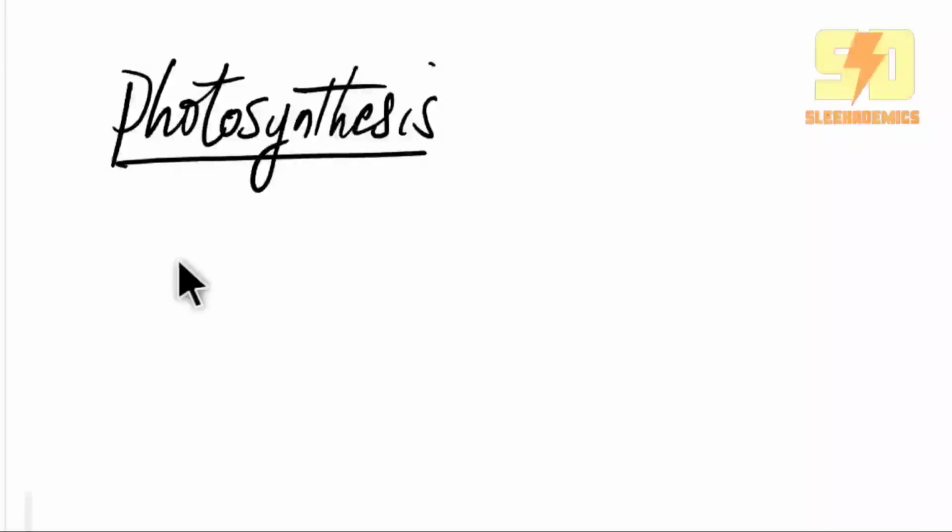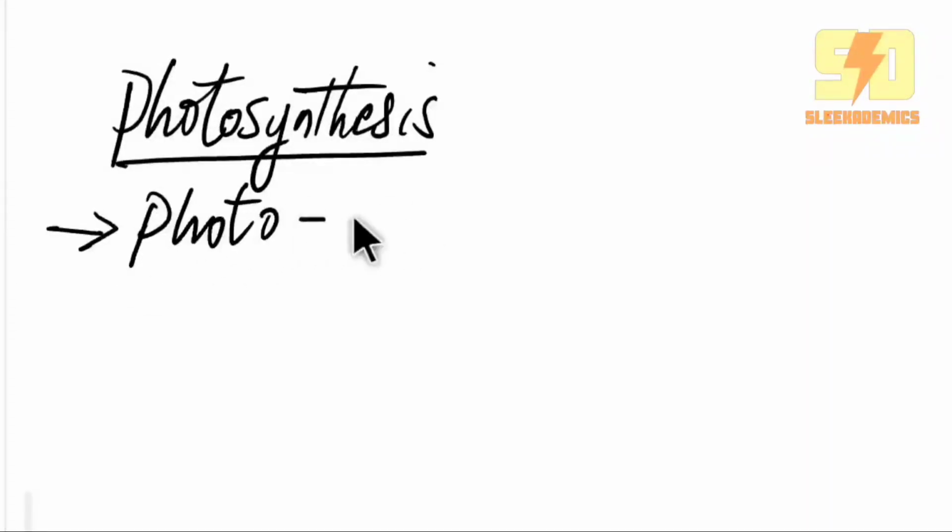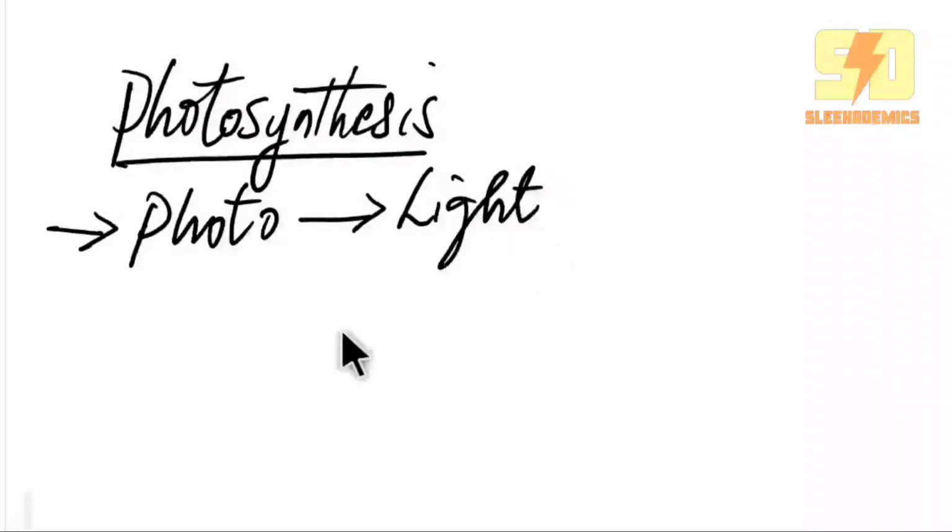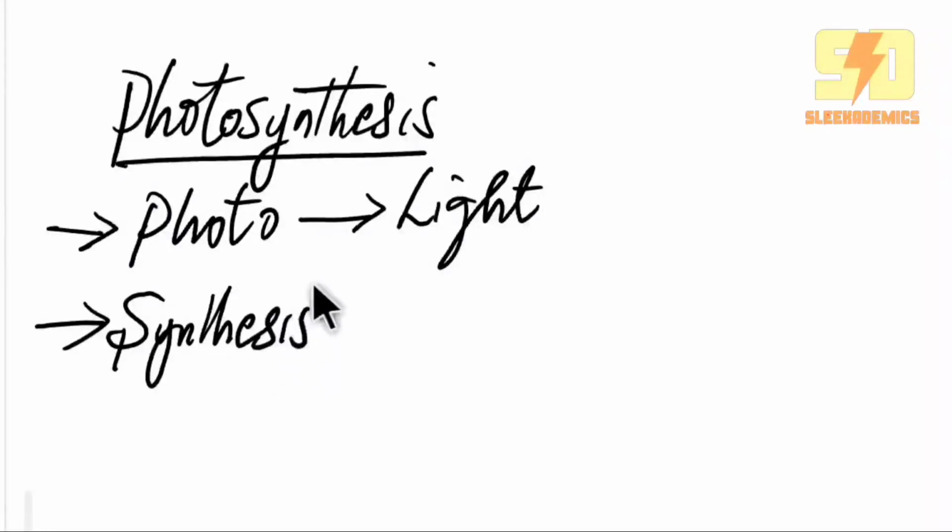Now, first of all, let us divide this word into two so that we can properly understand what photosynthesis is. The first word, photo, could be represented as light, and the second word, synthesis, simply means to build up.